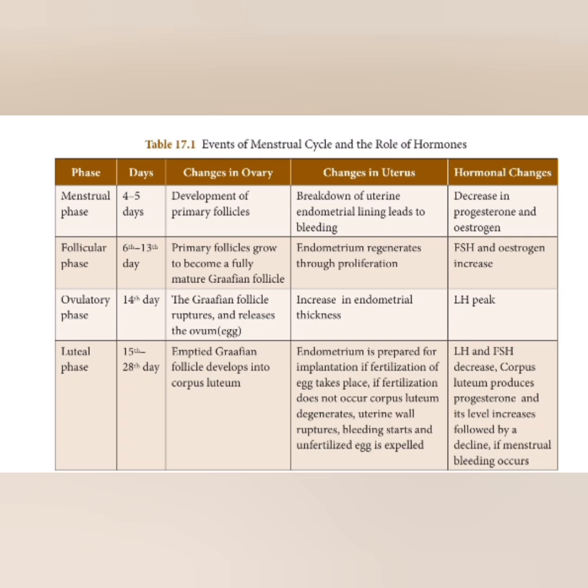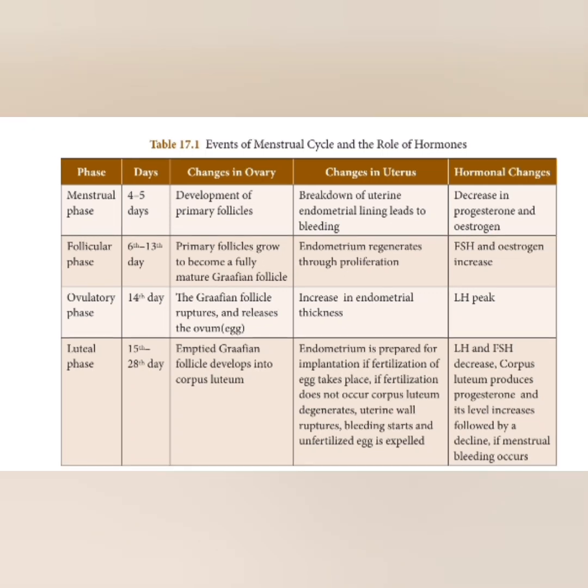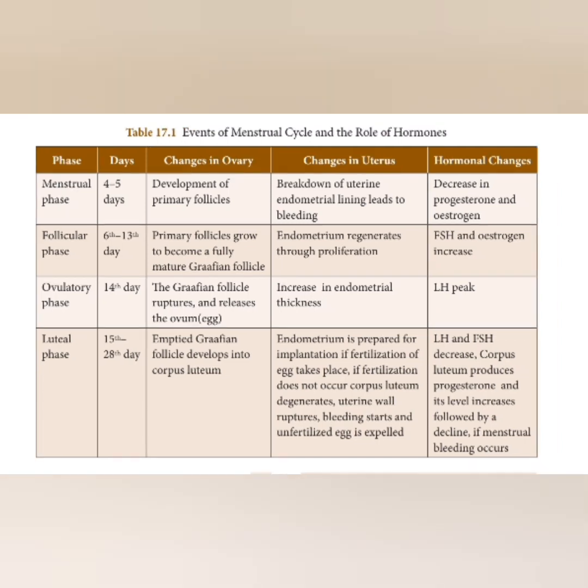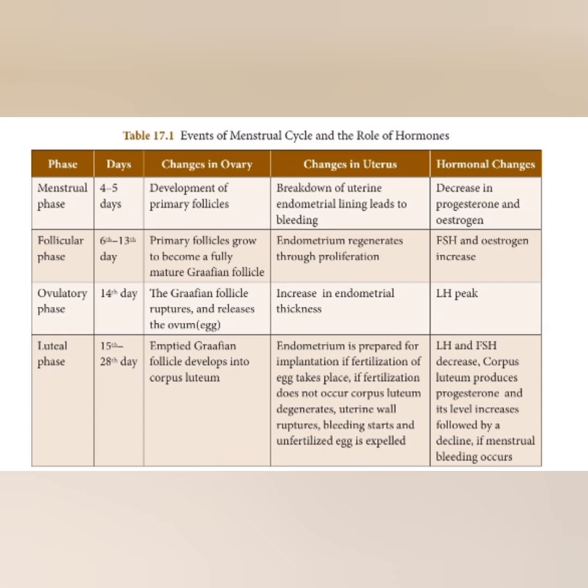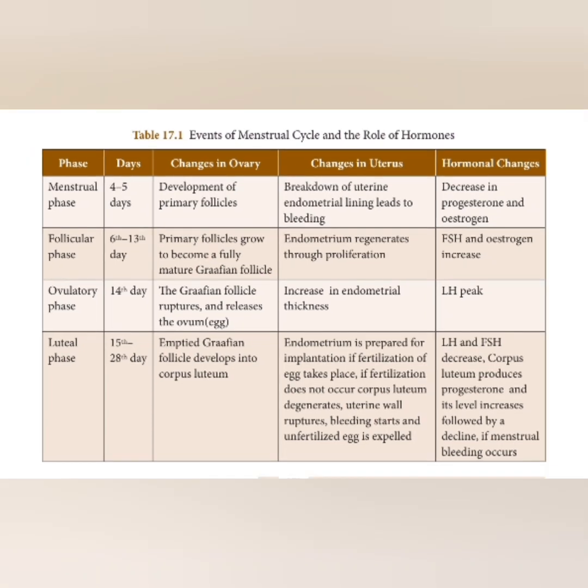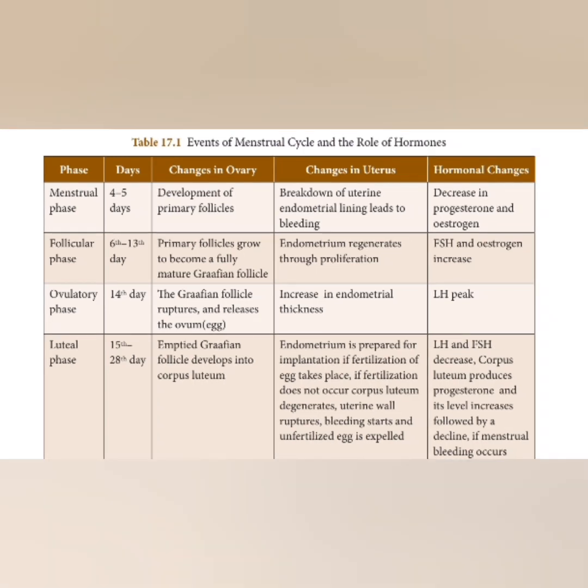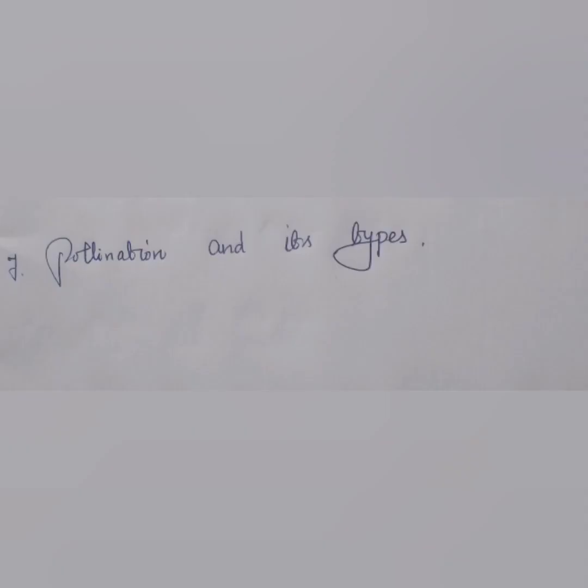How many days does each phase take? What changes happen in the ovary? What changes happen in the uterus in each phase? Especially in the menstrual phase, what changes happen in the ovary? The primary follicles start to develop. Like that, in each phase some changes will happen.